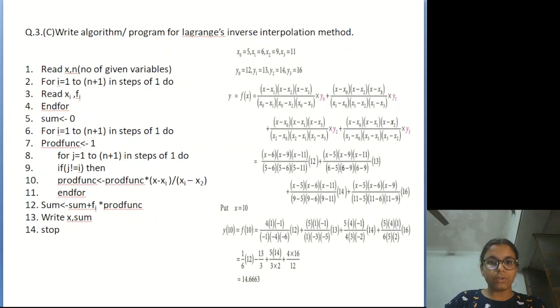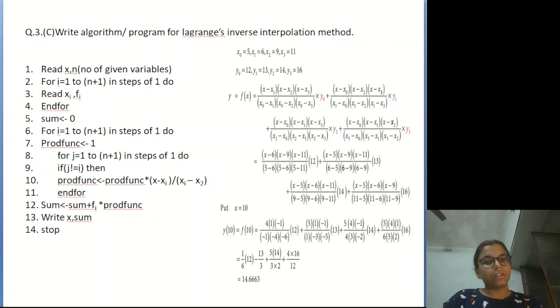After running this whole loop, when we dry run this, we would firstly check if the number is between 1 to n plus 1 or not. It would go inside. Then the product function would be assigned the value of 1.